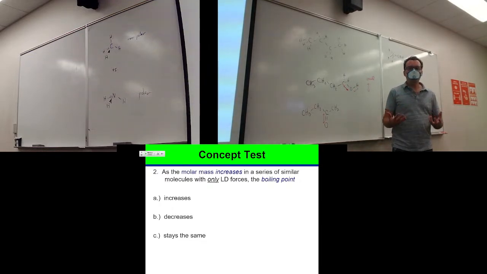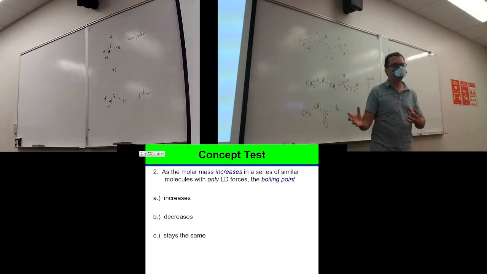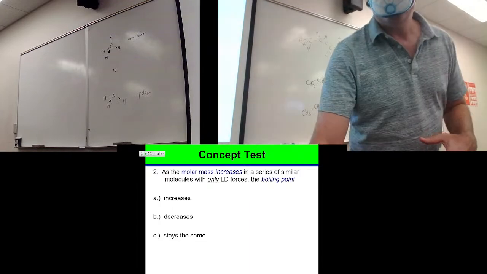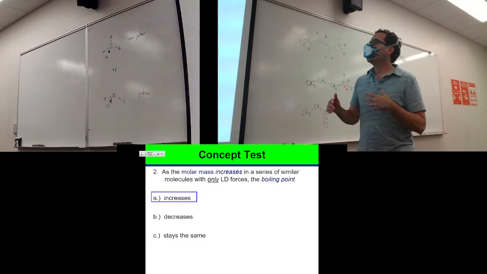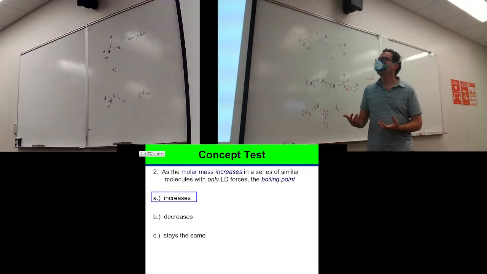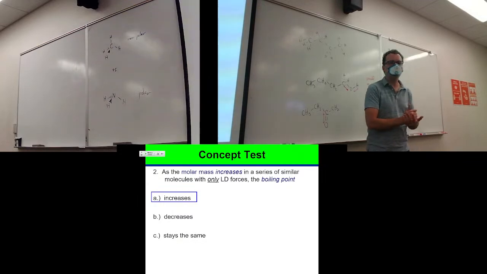The greater your mass, the more electrons you're going to have. And the more electrons you have, the more likely you can cause distortions in the electron cloud. So we're going to get into this, and I want to stop here, but as you increase the molar mass, the boiling point is going to increase. And it has everything to do with numbers of electrons.